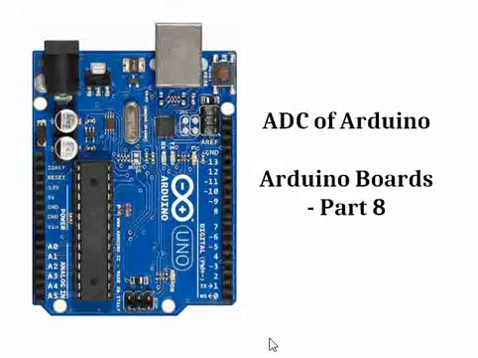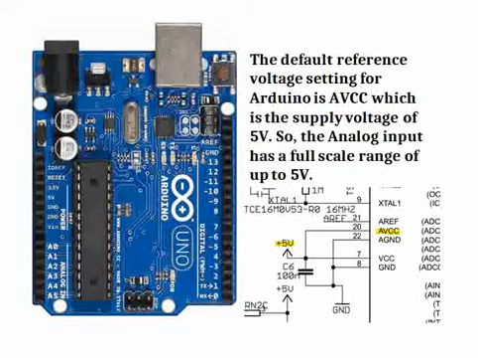Hello all, welcome back. So let us continue our discussion on the Arduino. We have talked a bit about the ADC pins on Arduino Uno. And we also said there are three different voltage reference options that can be provided to the ADC of the Arduino.